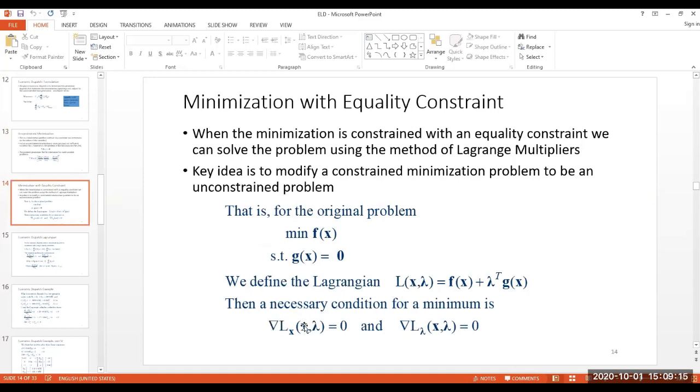Similarly, you might also experience a second order optimality condition. Can anyone give an example of a second order optimality condition which we have already discussed in this course? Can you recall in one of our earlier lectures? Dissociation condition.